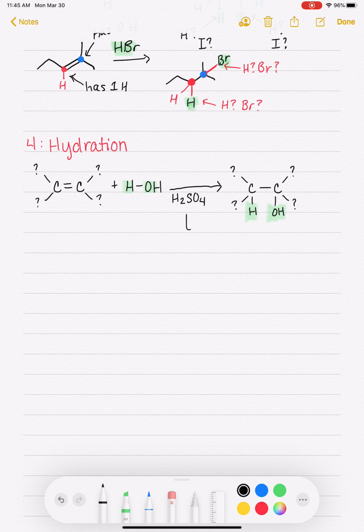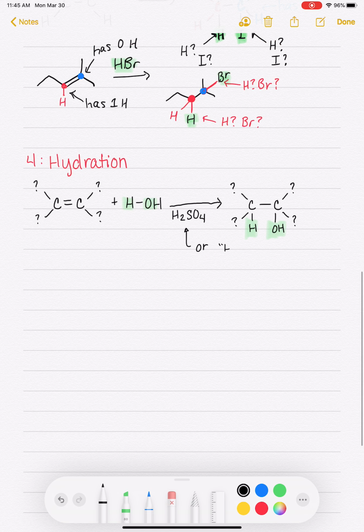So for the H2SO4 catalyst, you might see just H+, which is an abbreviation for it. Or you might see somebody write H2O, comma, H+. And so that's just those two different chemicals, the HOH and the H2SO4, written together.